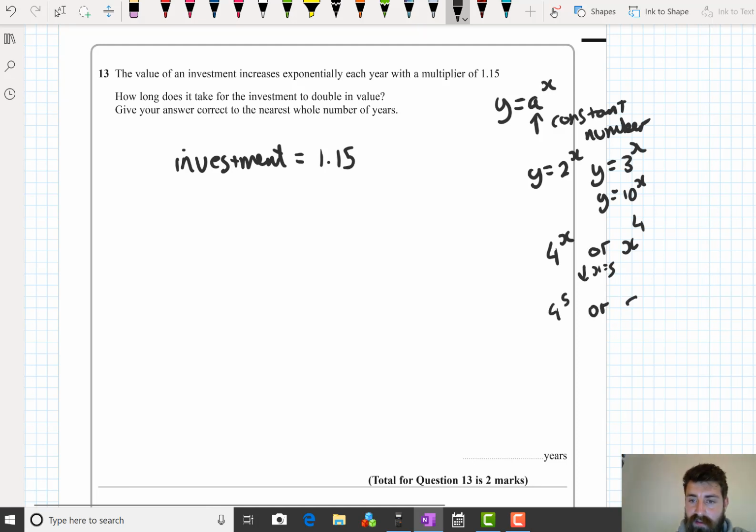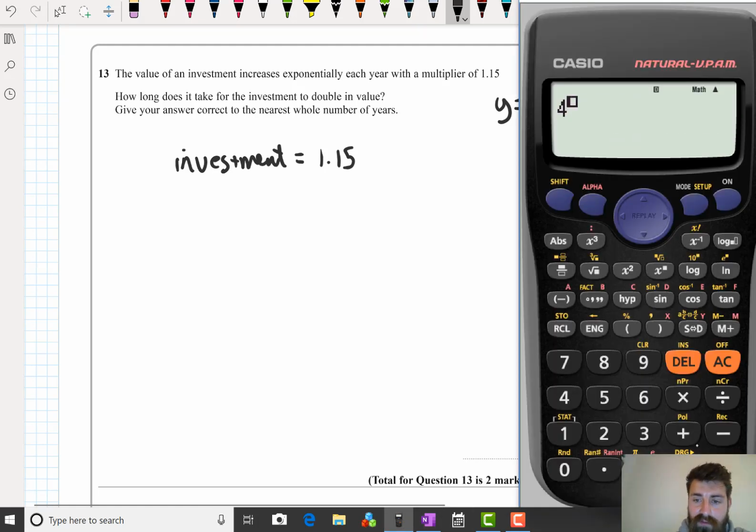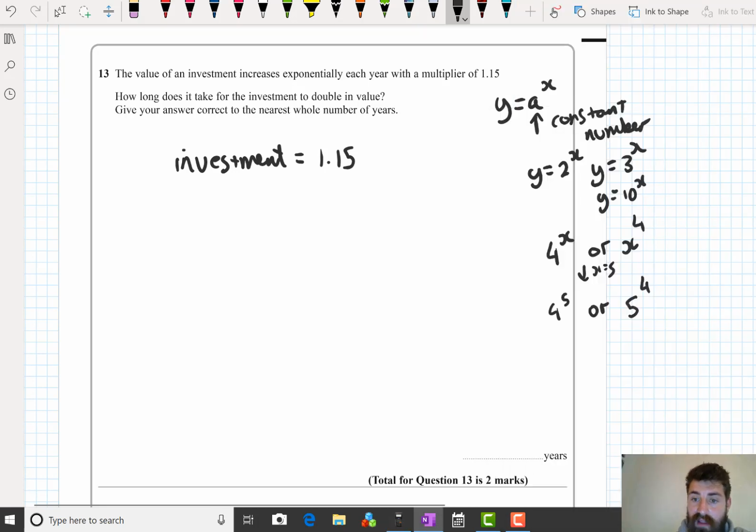Which is bigger, 4 to the power of 5, which is 1024, or 5 to the power of 4, which is 625? This one's bigger because this one grows much faster. When you put x as 10, 4 to the 10 is much bigger than 10 to the 4. So it's really worth noting that this is what exponential growth looks like, equations of this form.